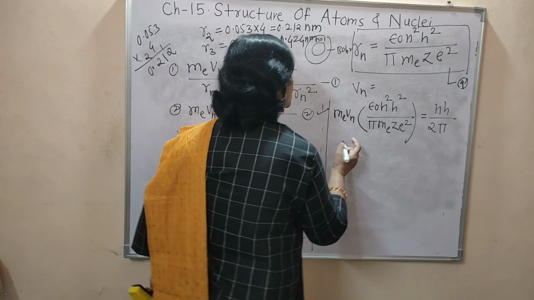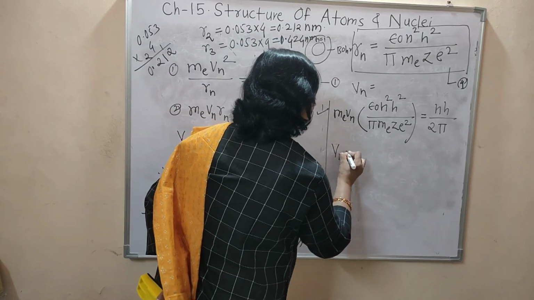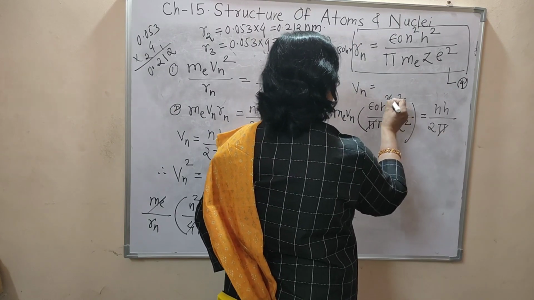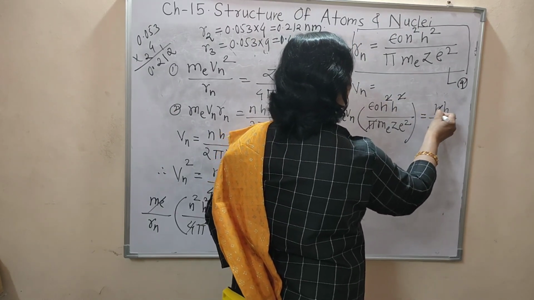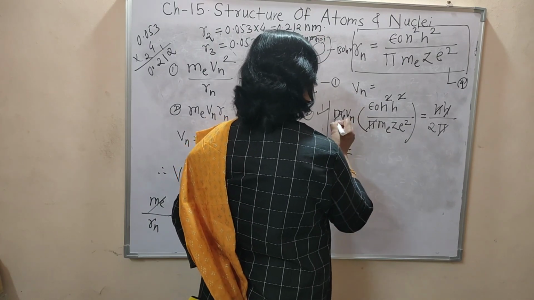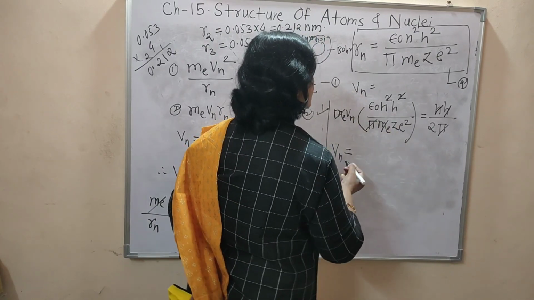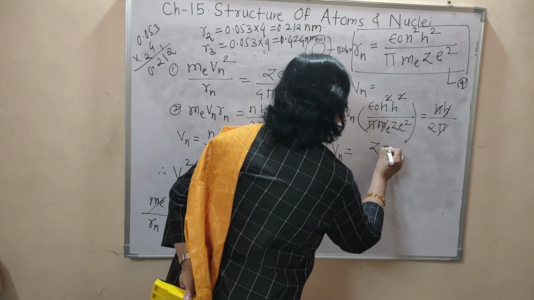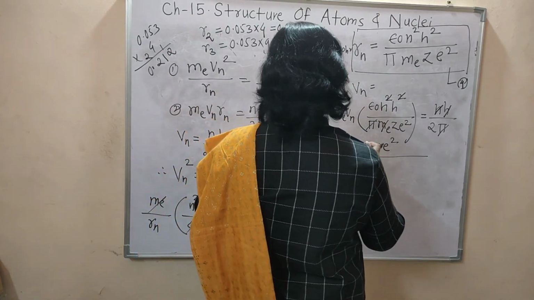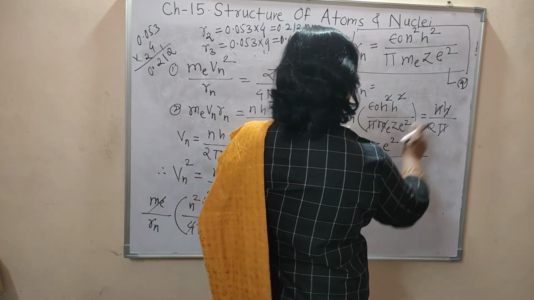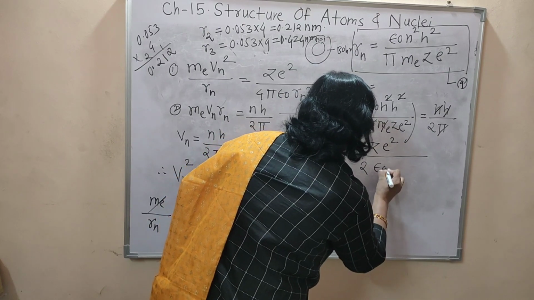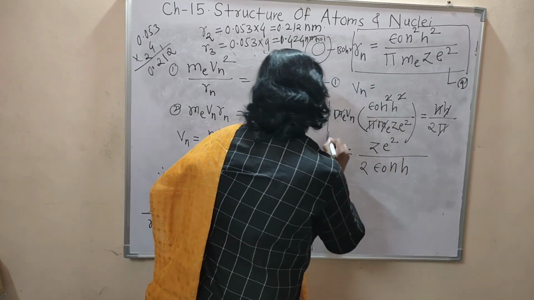Now we have to rearrange this equation for Vn. This pi gets cancelled, these n's get cancelled, and this me gets cancelled, leaving Ze square divided by twice epsilon naught n h.